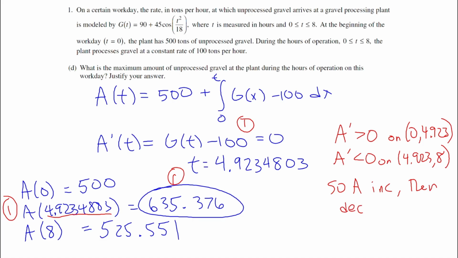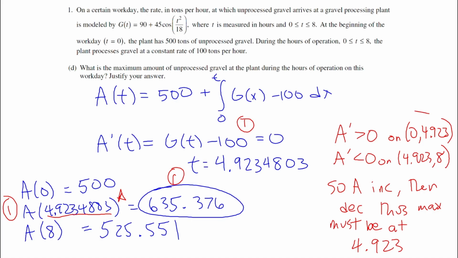You'd write this out a little bit nicer. So A is increasing on that interval and then decreasing on the second interval. Thus, the max must be at 4.923. And then you would just go ahead and only check the value at 4.923, which you'd get 635.376.